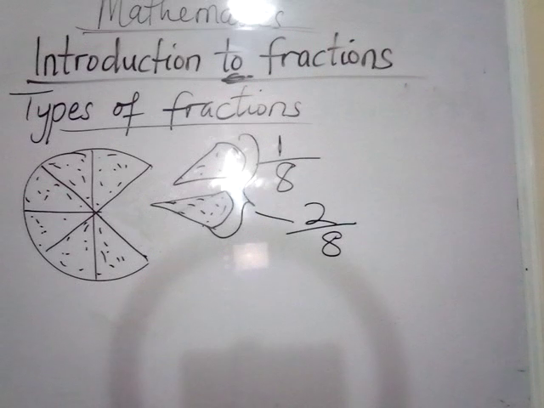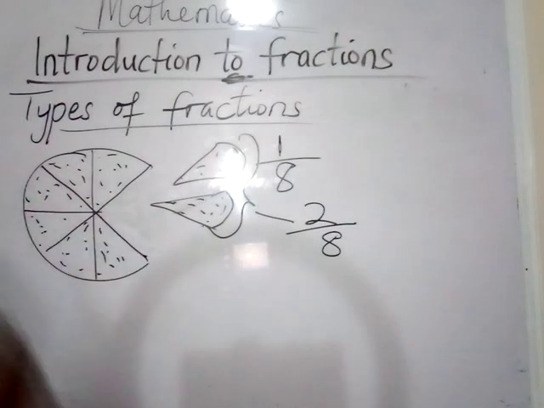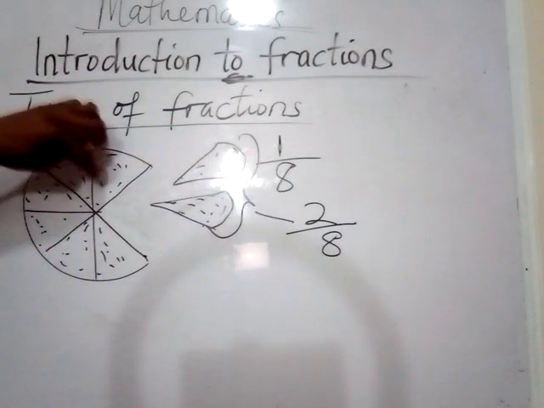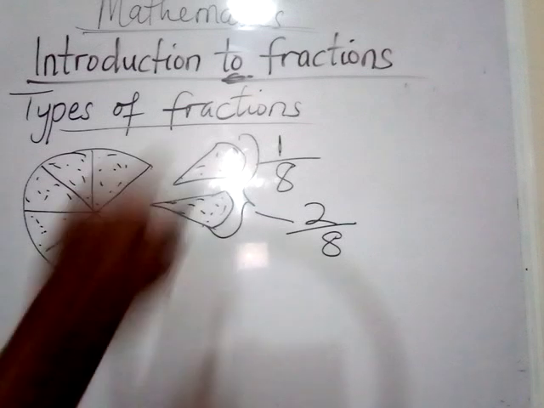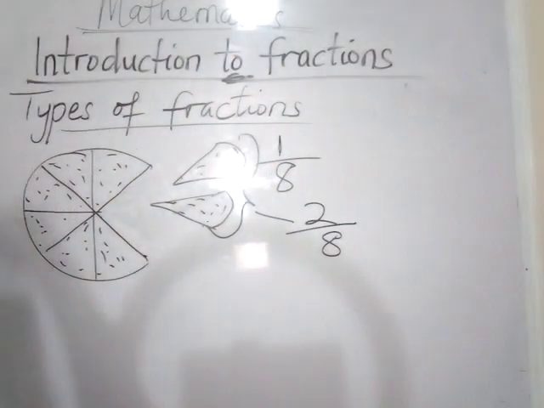You see that? 1, 2, 3, 4, 5, 6, 7, 8. You won't say 2 out of 6. In the case of the first one, you won't say 1 out of 7. No, it is 1 out of the total number, 1 out of the whole, 1 out of everything.